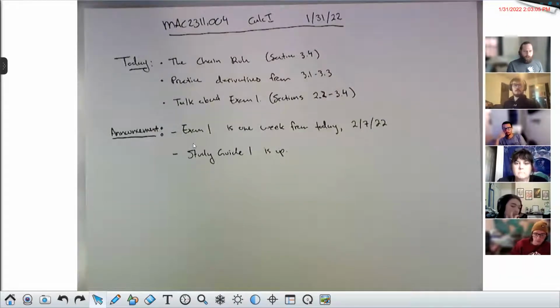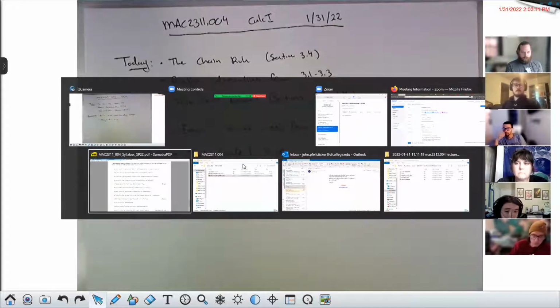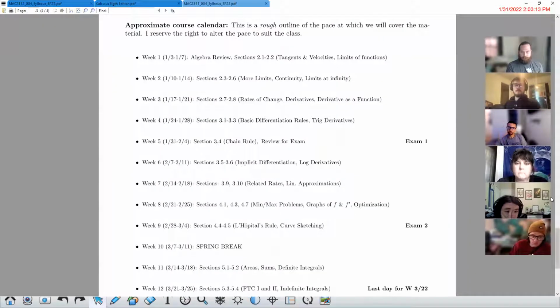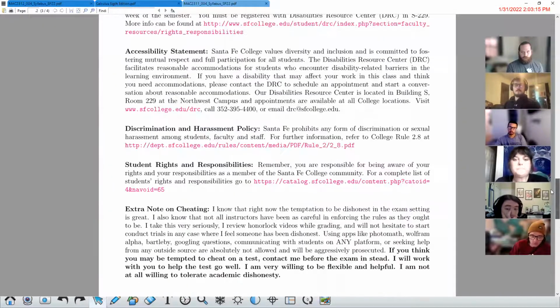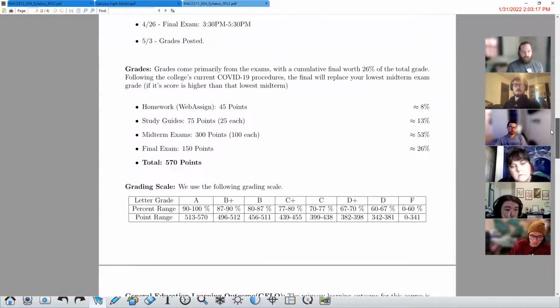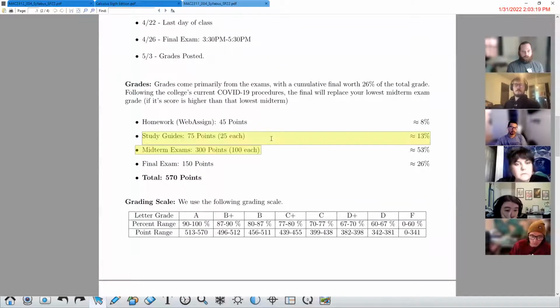The main thing I want to talk about is how you're going to get your grade for the study guide. So if I could draw your attention briefly to the syllabus for this class, I just want to remind you, study guides are worth points, right? A non-trivial amount of points. Each one is worth 25 points, which is about a quarter of an exam grade.